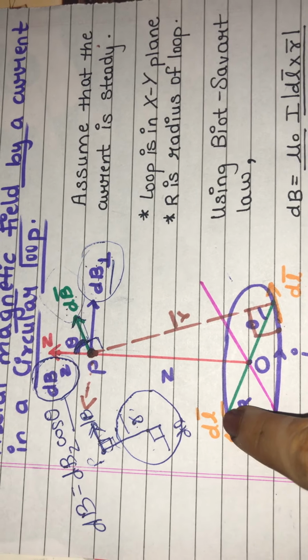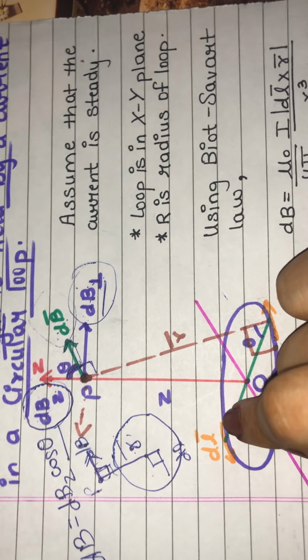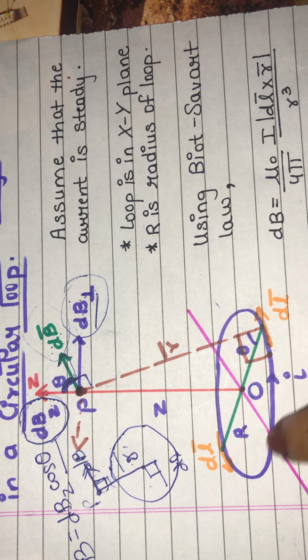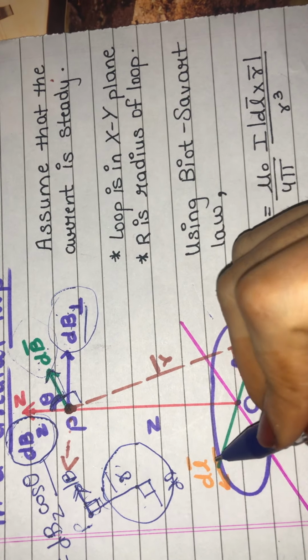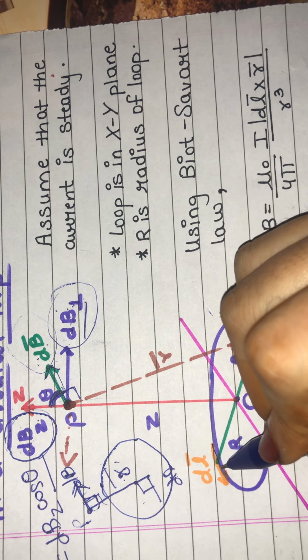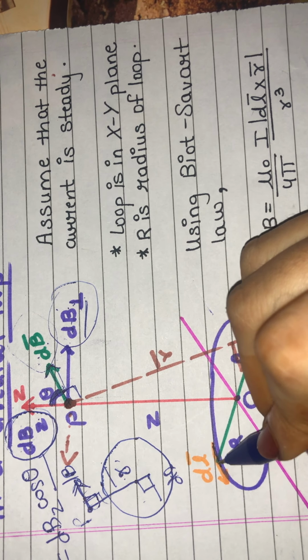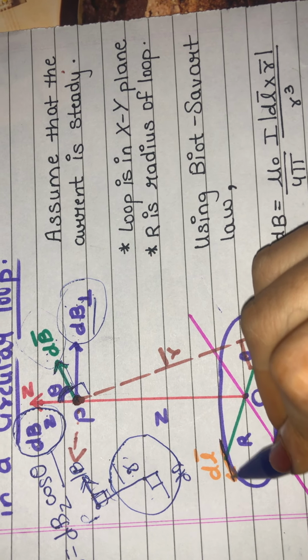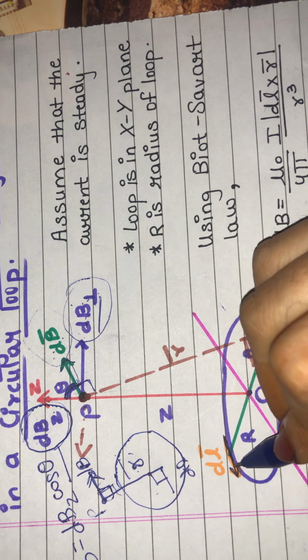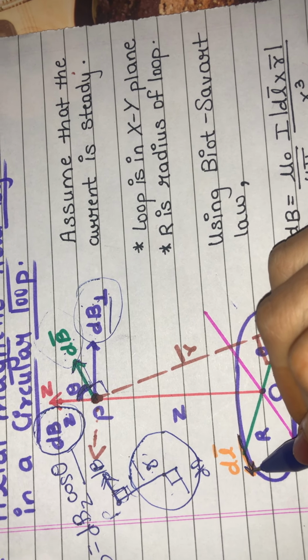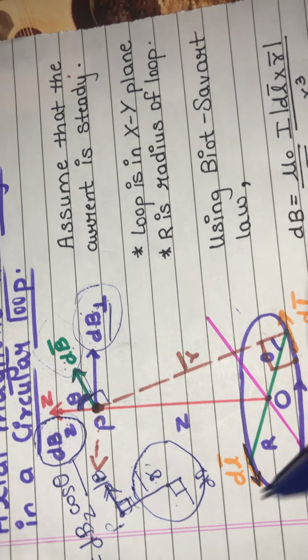Now let's come to this length element. Since the current is flowing in this direction, that is anti-clockwise, if you want to find the current length element in this direction, at this point the direction will be like this, right? And since the current is flowing in this direction, this will be the direction.